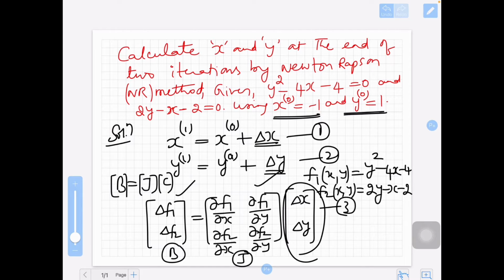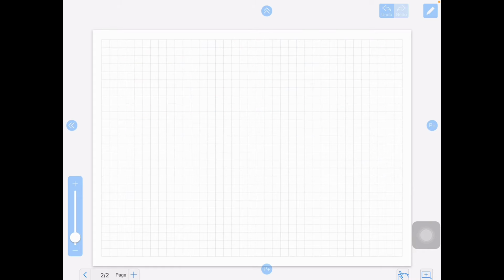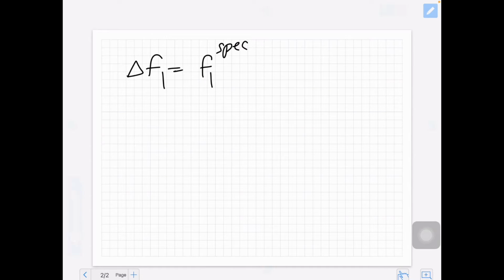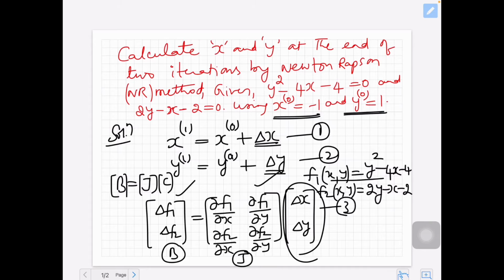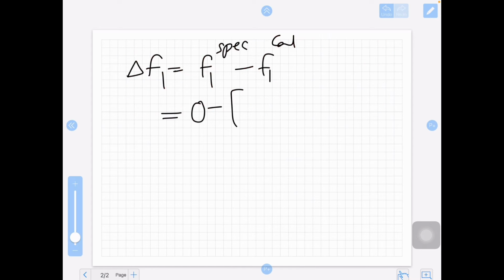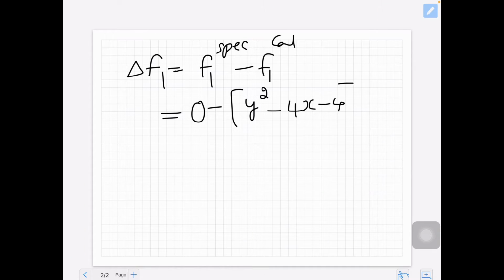Let us find the B matrix elements delta F1 and delta F2. Delta F1 is nothing but the difference between the specified quantities and the calculated quantities. This is the formula. They have not given any specified quantities, and the F1 formula is given: y square minus 4x minus 4.